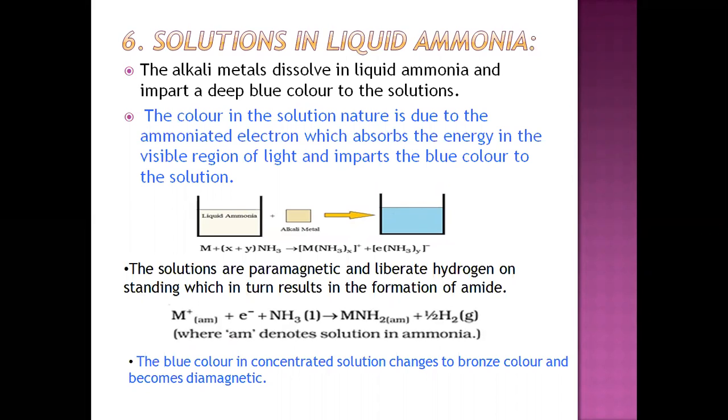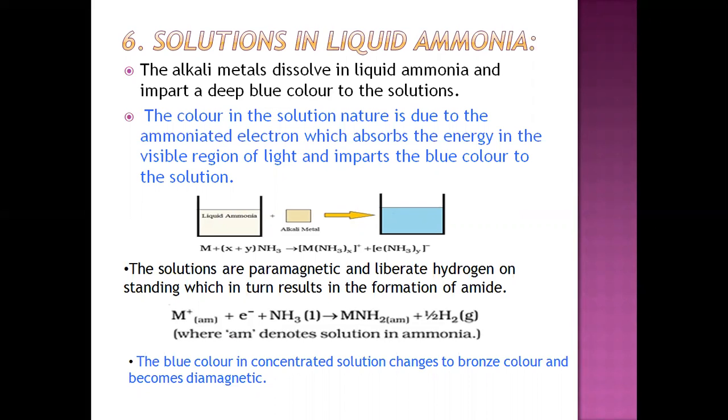In our household work or day-to-day life, we used to feel ammonia in the coloring dyes which we used to color our hair. In old days, people used to color their hair with dyes, and we used to smell that pungent smell, and that smell is ammonia. So ammonia is a colorless liquid with a pungent smell, and when alkali metals dissolve in that liquid ammonia, the color will change into deep blue.